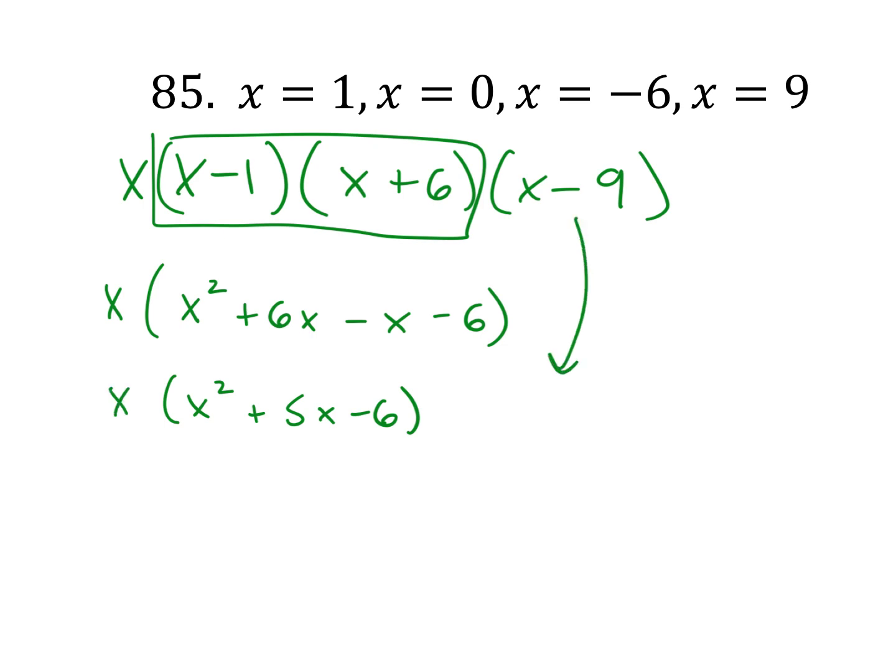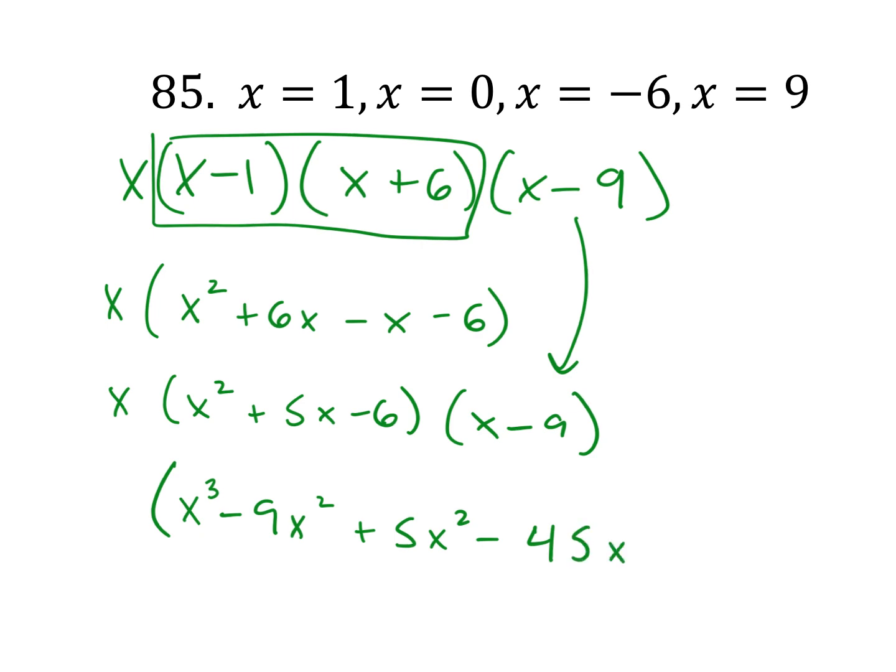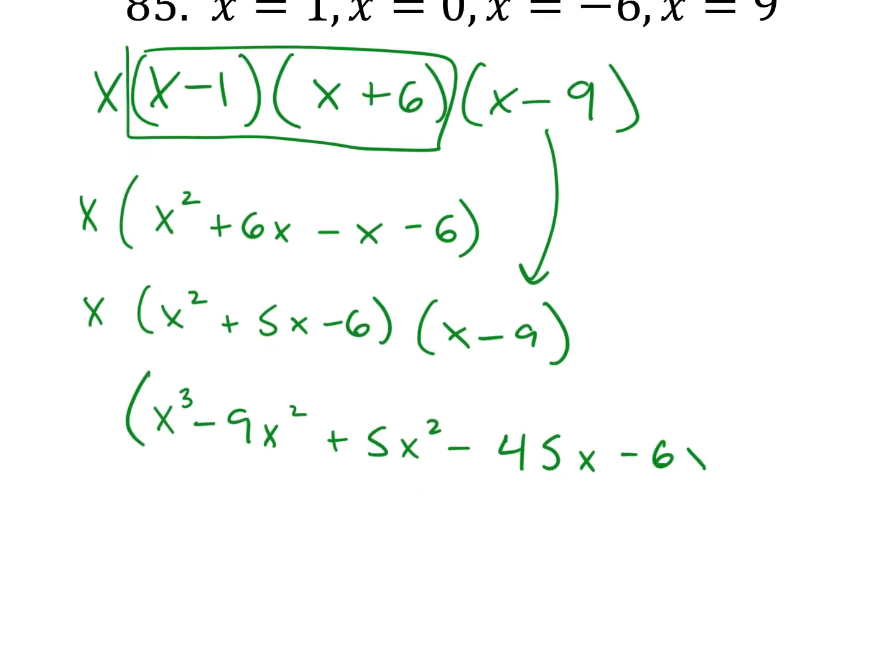And then I'm going to multiply that times x minus 9. So we get x to the third power minus 9x squared plus 5x squared minus 45x minus 6x plus 54.